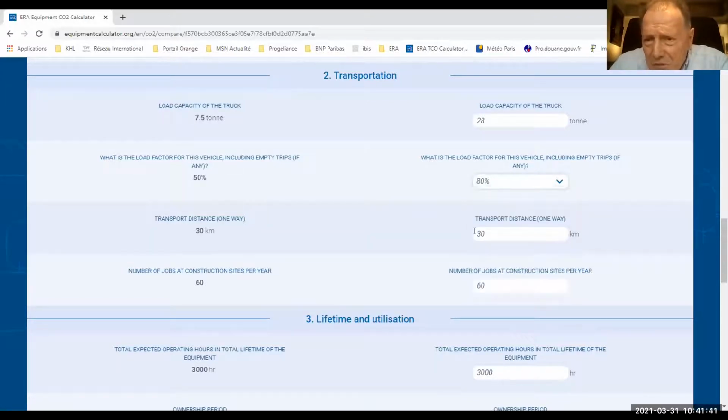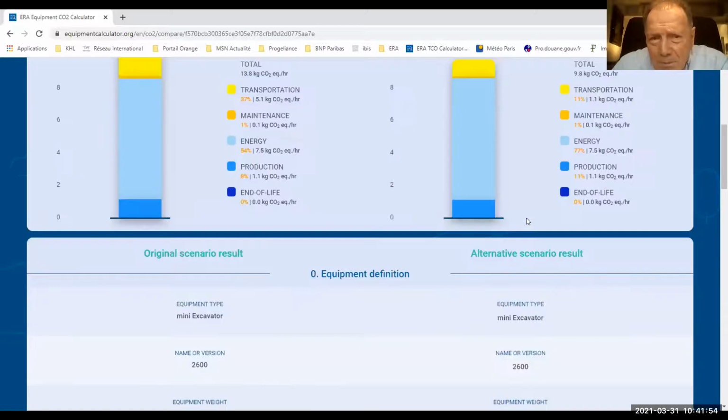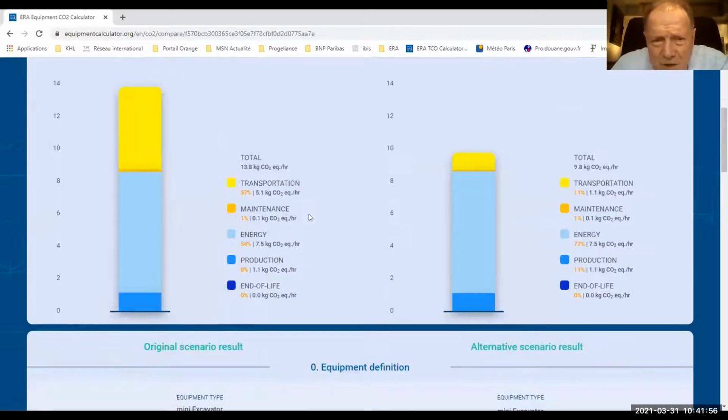And instead of 30 kilometers, because the equipment depot was closer, we could put 20, but it could be 15 or even 10. So in just that case, we see the impact. Transportation has gone from 5 kilos to 1 kilo. And this is very important because transportation and energy, as you will see, are the 2 main factors in this case.